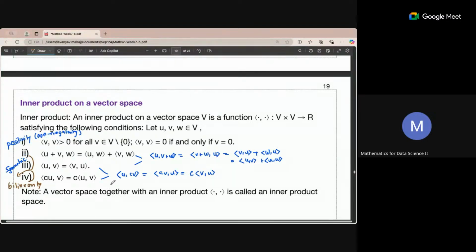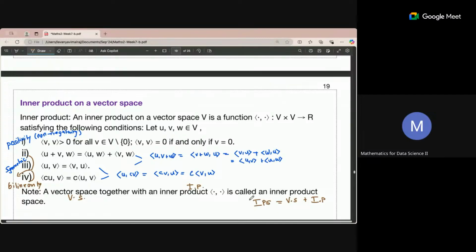If all these properties hold for a function from V cross V to R, then that function is called an inner product. A vector space together with an inner product is called an inner product space. So you have a vector space and you have an inner product. If you are able to define an inner product on a vector space, then you get an inner product space.